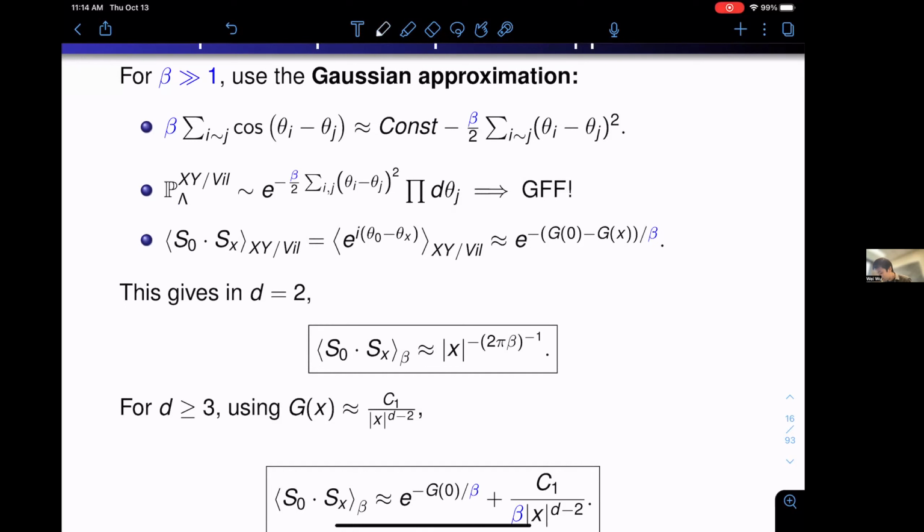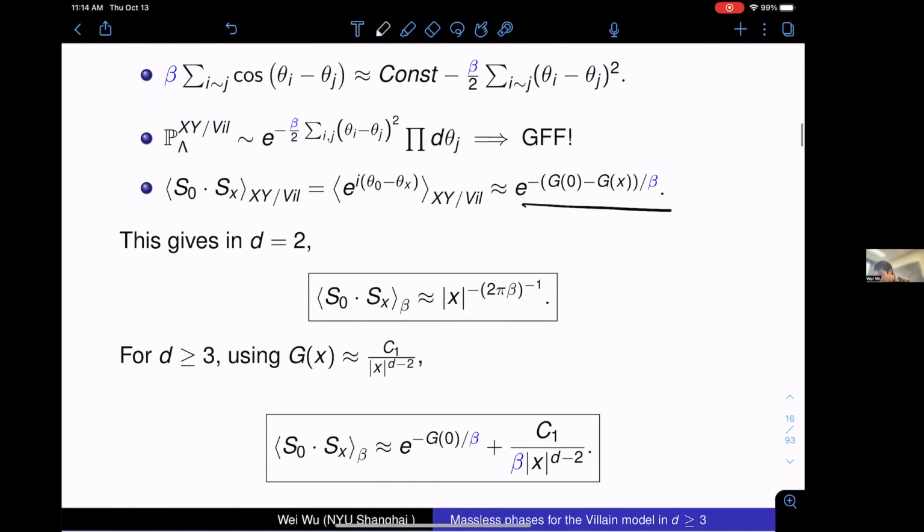It gave you this answer in terms of the simple random walk Green's functions, where you see that in 2 dimensions, there is this particular power law decay of 1 over 2 pi beta. And in dimensions 3 and higher, the two-point function would have a leading order term, which is an order 1 constant, plus a subleading term of the order 1 over x to the d minus 2, the same order as the covariance of a free field in dimensions 3 and higher.